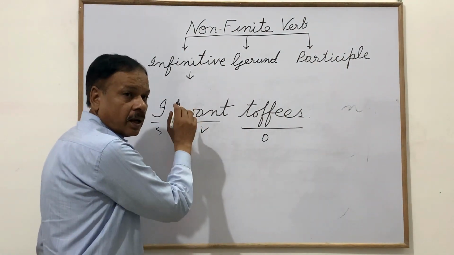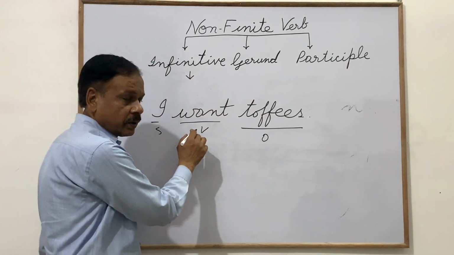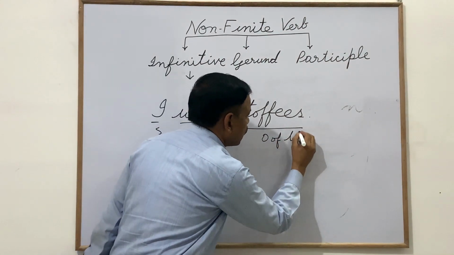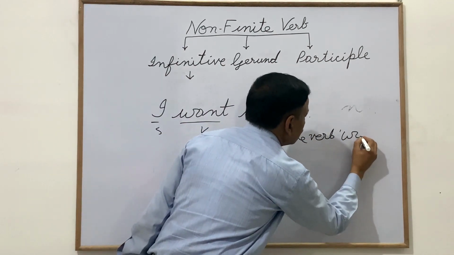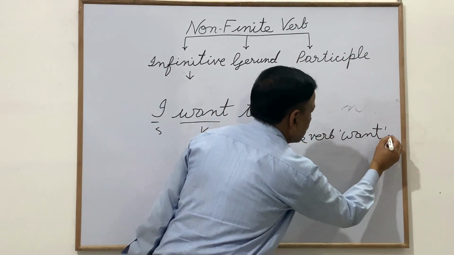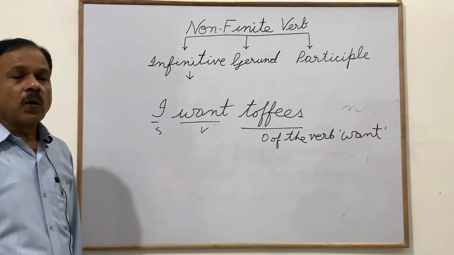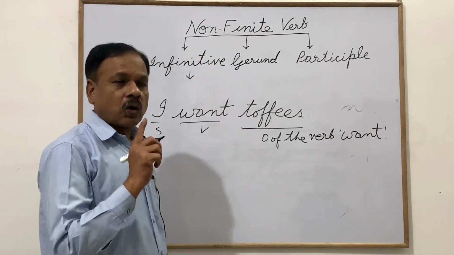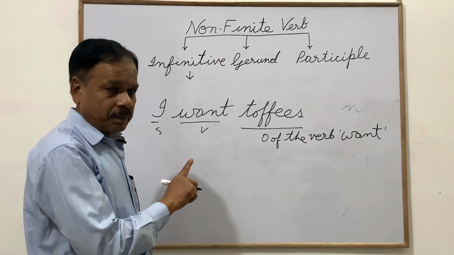Toffees is the object of the transitive verb want. So this is the object of the verb want. Okay, I want toffees. So now we have infinitive as subject, I have told you; complement also I have told you. Now this is the object of the verb.